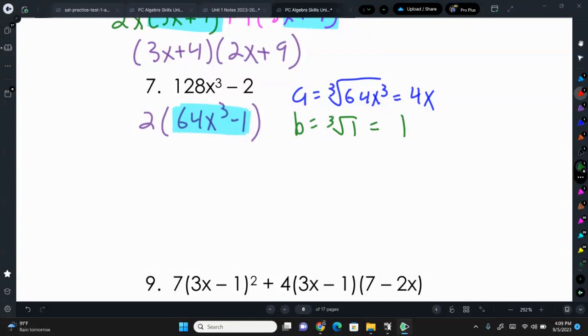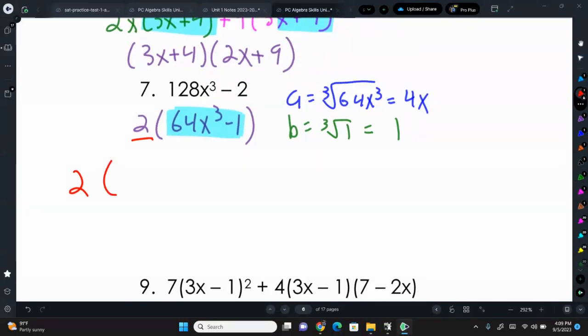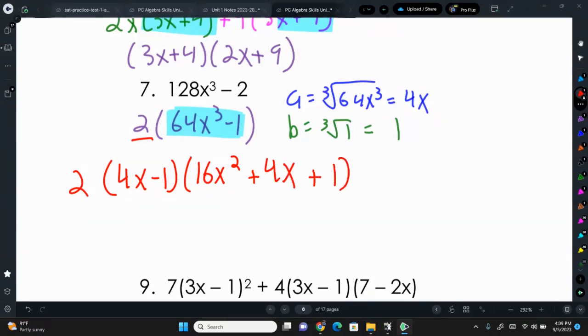So we're going to write this next to our GCF that we factored out. And then our formula is a minus b, so 4x minus 1, times a squared, 16x squared, plus a times b, so 4x, plus b squared, which is 1 squared, or 1. So we just used that formula, and that got us our factors.